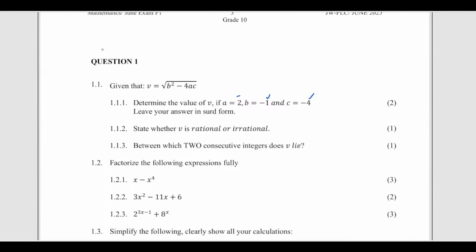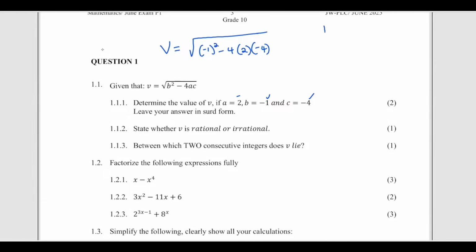So all we have to do is just substitute. So V is going to be the square root of B, which is -1 squared, minus 4, our A is 2, and our C is -4. Then what we have to do is just simplify whatever is under the root sign. So -1 squared will be 1.